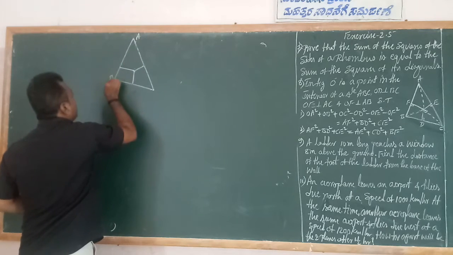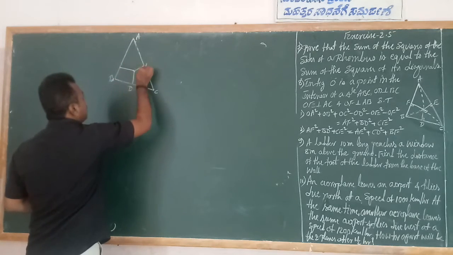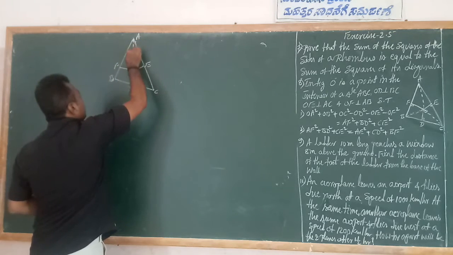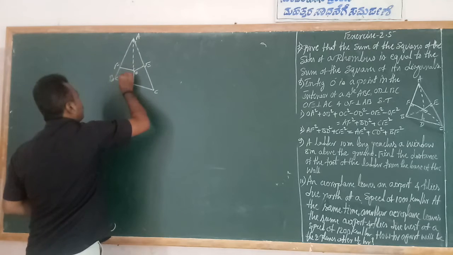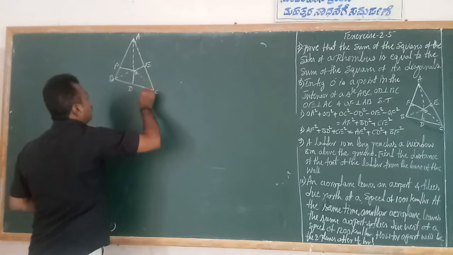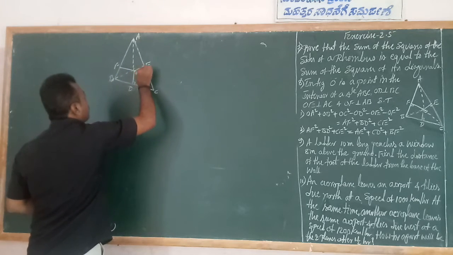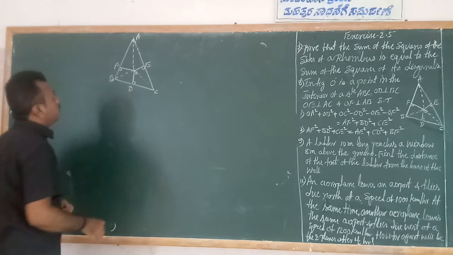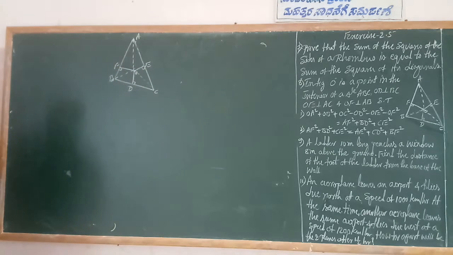A, B and C, this is D, E, F, and this is O. So I will join AO, BO and OC. OD, OE and OF are perpendicular to BC, AC and AB respectively. So now I will write the given.